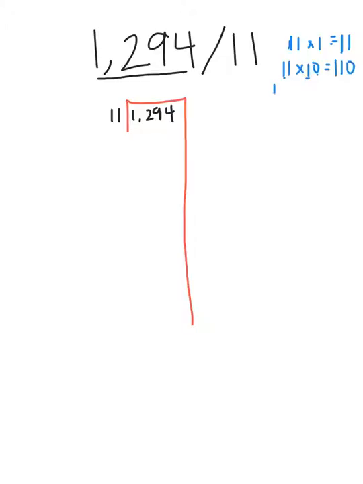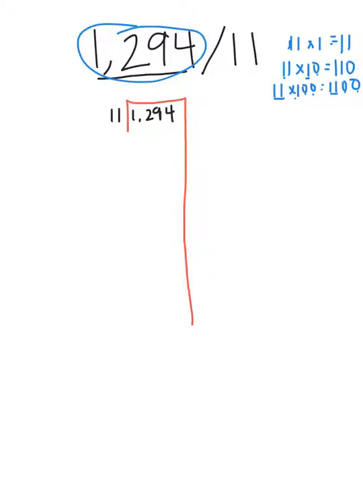And then let's do 11 times 100. 11 times 100 equals 1,100 because 11 times 1 equals 11, and then we have 2 zeros that we add on to the end. We don't need to go any higher than that because we're just trying to make it up to our dividend. And if we did 11 times 1,000, we'd end up with 11,000, which is way too high.